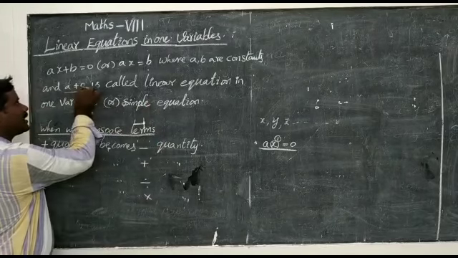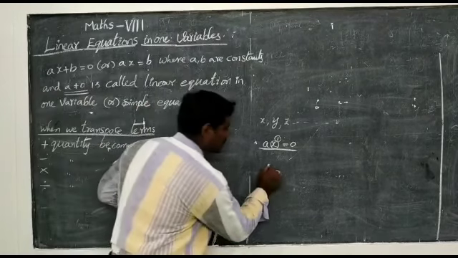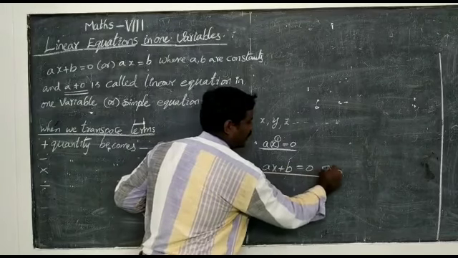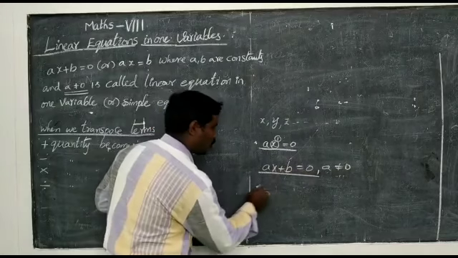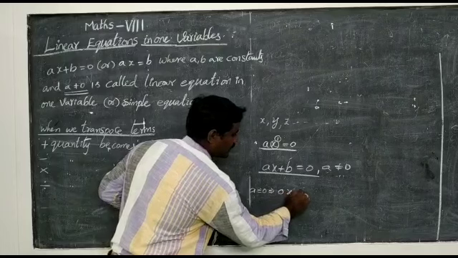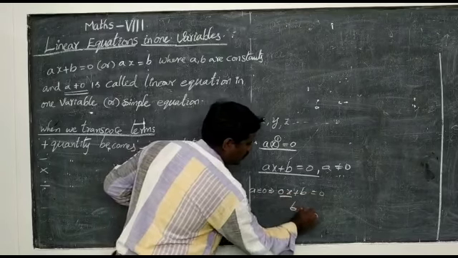Why is a not equal to 0? Take ax + b = 0, which is a linear equation when a is not equal to 0. If a is 0, then 0 times x plus b equals 0, so b equals 0.